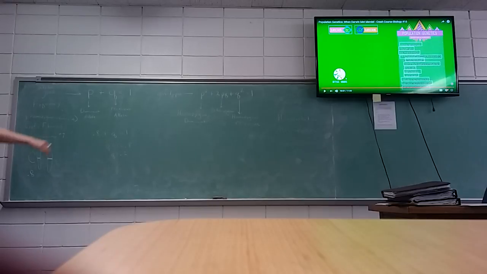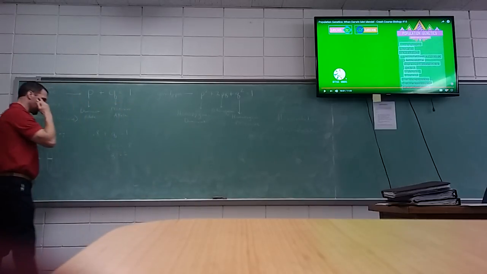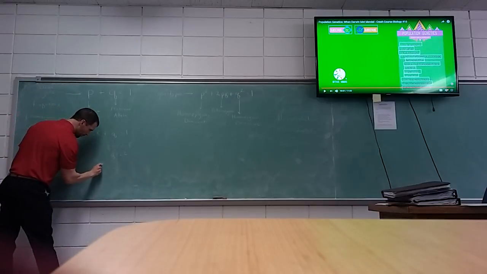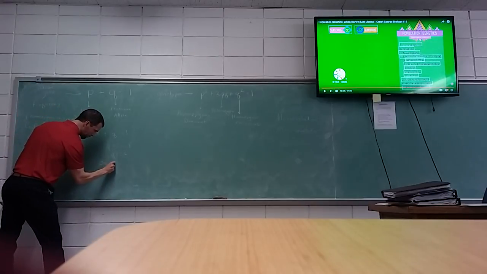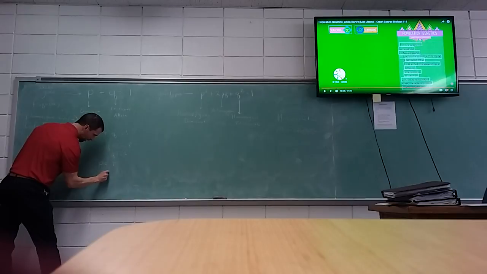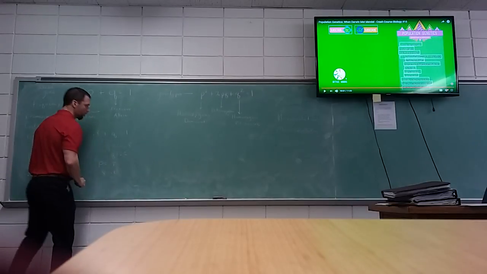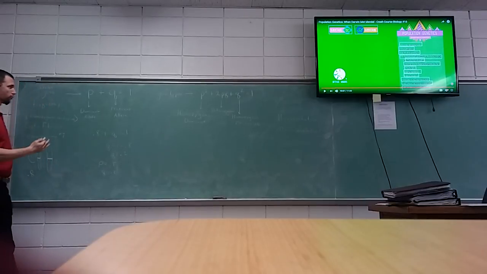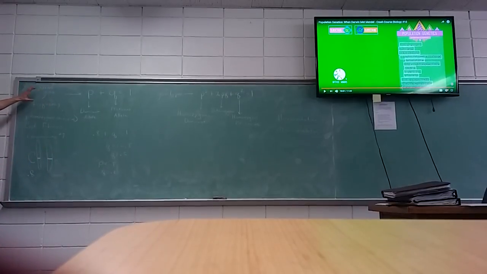So that's what we have to do over here. Now we have P and Q, so just kind of organize it. We have P equals 0.8 and Q equals 0.2, because 0.8 plus 0.2 equals 1. So we have our allele frequency, or our gene frequency. Those are interchangeable because this is a gene.